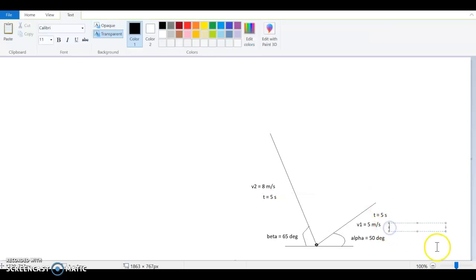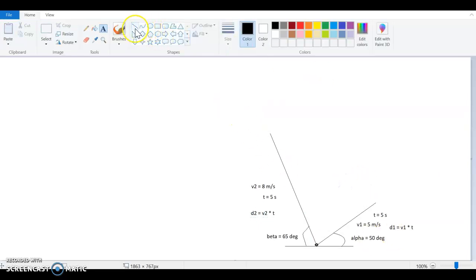Let's name that d1, and d1 is equivalent to v1 multiplied by time. Same with d2, d2 is equal to v2 times time, right?